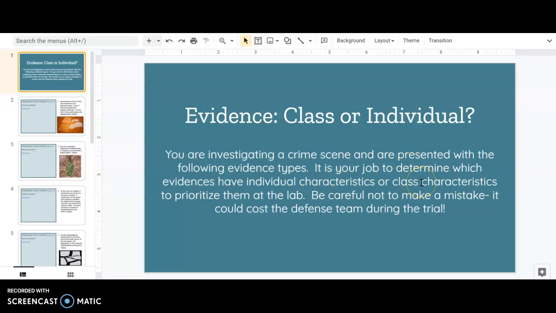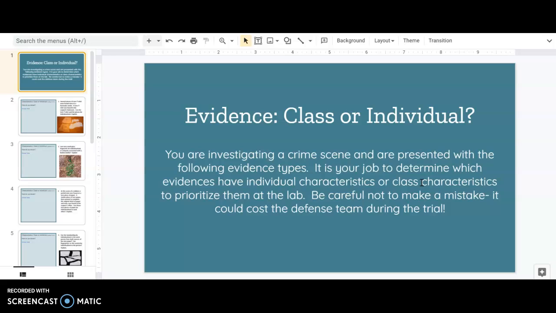Class characteristics are the opposite. They can be linked back to a group of people. There's many people that might match whatever their unique characteristics are, but you can't link it to just one person. So to use our blood example from earlier, if we could analyze that blood sample but only find out that it was type A positive, for example, well, anyone who's a suspect in that crime who has type A positive blood, that could be evidence that could be used to prove they were at that crime scene.